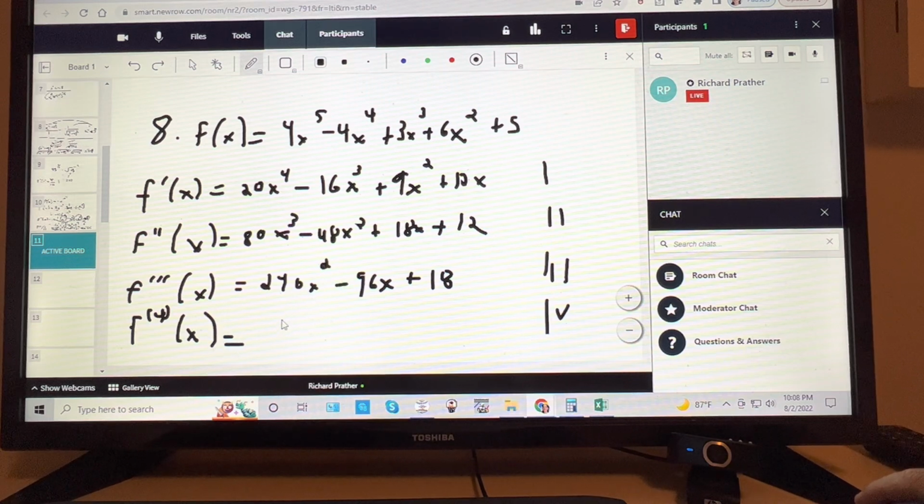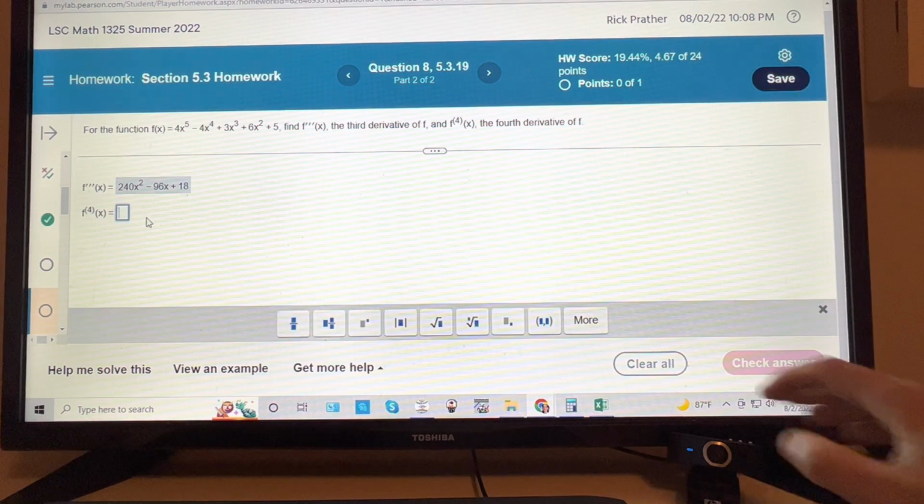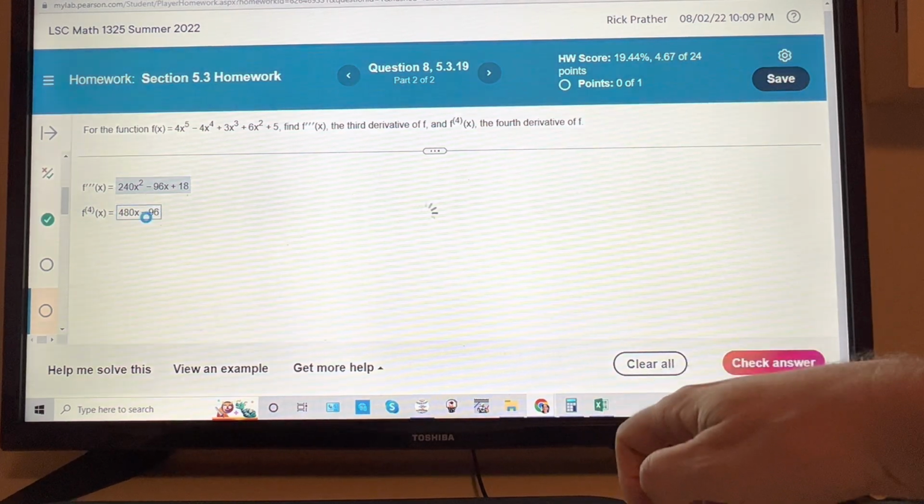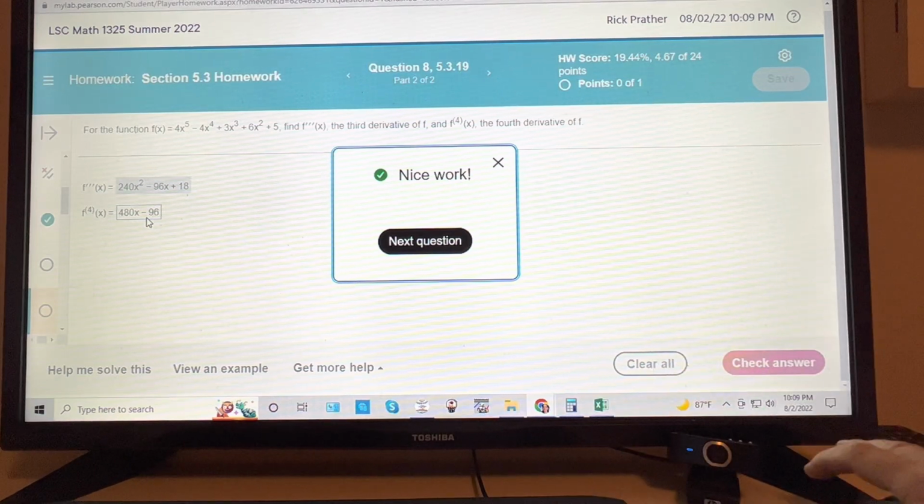So 240 times 2 is 480x to the 1st, and then the derivative of negative 96x is just negative 96, because then the rest would be 0. 480x minus 96. If you kept going, the fifth derivative would just be 480. And the sixth derivative would be 0, and so would every one after that.